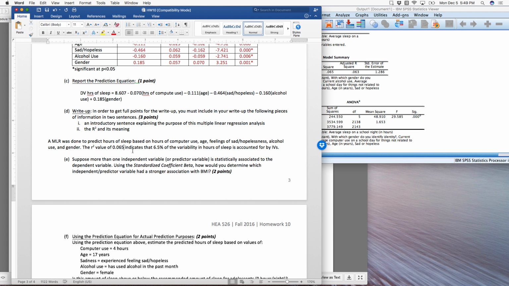So what are some other things you could think of that might account for someone's sleep habits in adolescence that we didn't measure in this little equation here? TV watching could be something. It doesn't have to be in the data set. It could be like anything in the entire world. Cell phone use, that's a good one. Netflix watching.